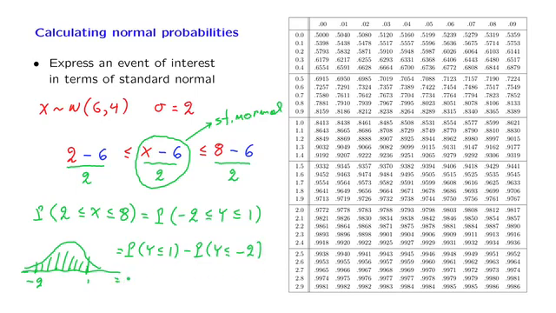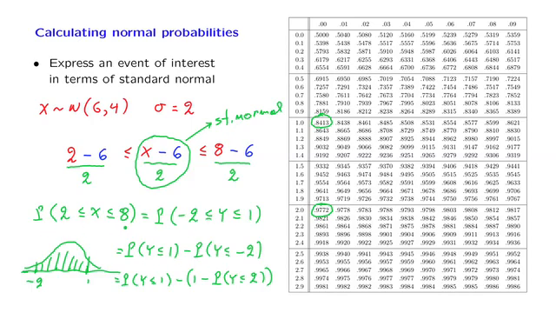And finally, as we discussed earlier, the probability that y is less than minus 2 is 1 minus the probability that y is less than or equal to 2. And now we can go to the normal tables, identify the values that we're interested in, the probability that y is less than 1, the probability that y is less than 2, and plug these in.